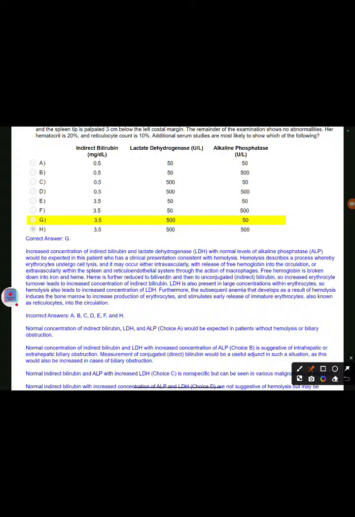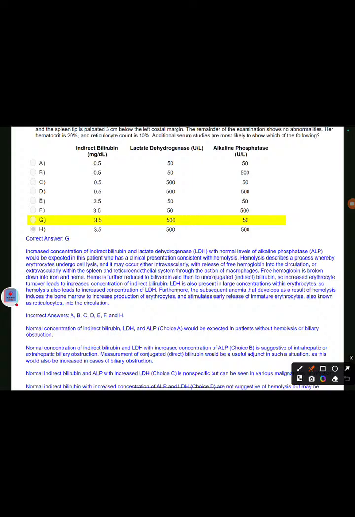Furthermore, the subsequent anemia that develops as a result of hemolysis induces the bone marrow to increase production of erythrocytes and stimulate the release of immature cells, also known as reticulocytes, into circulation.